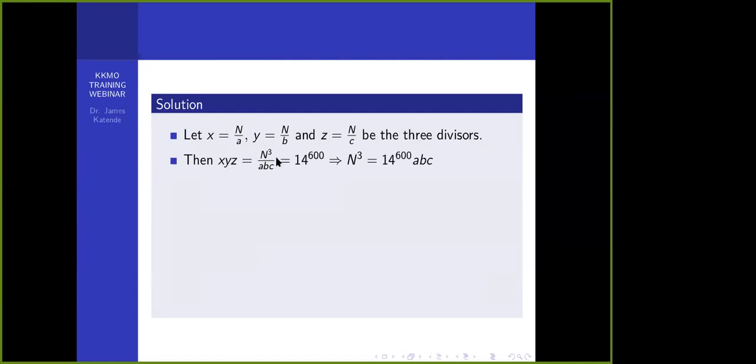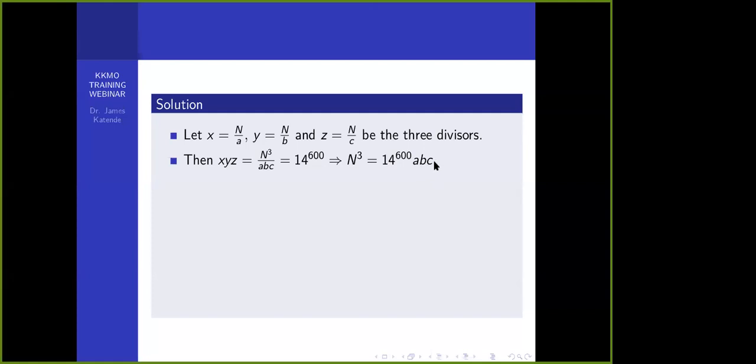So we can rewrite it as n cubed is equal to 14 raised to 600 multiplied by ABC. At this point, you realize that you have a perfect cube on this side. This one also is a perfect cube. So that forces this product of A, B, and C to be a perfect cube, right? So A, B, and C must be a perfect cube.